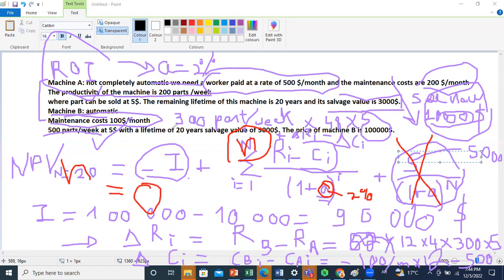I have the investment. I keep it as it is. Just here, I do summation from i to N. Of course, this term will remain the same. Just I replace A by 2%. So the only unknown in this equation will be N, and I can solve for N. Okay. Any question on this?